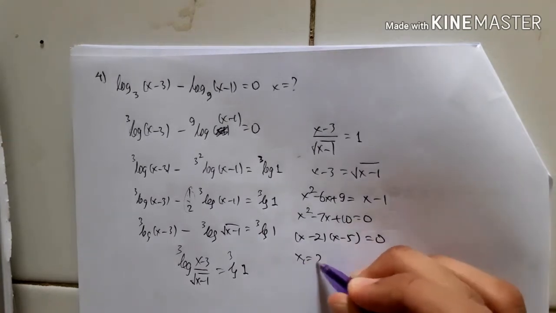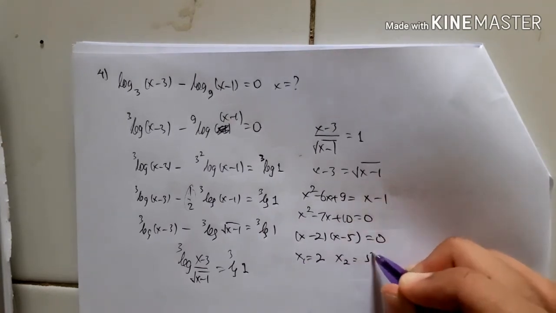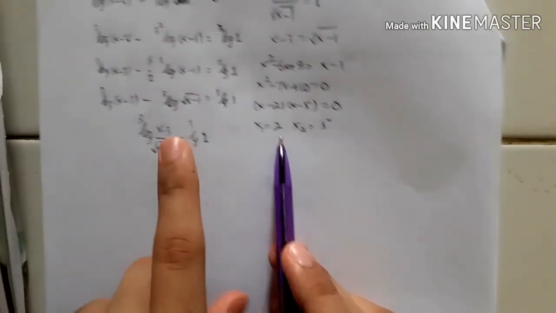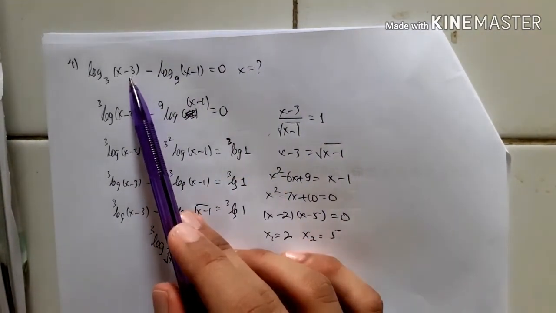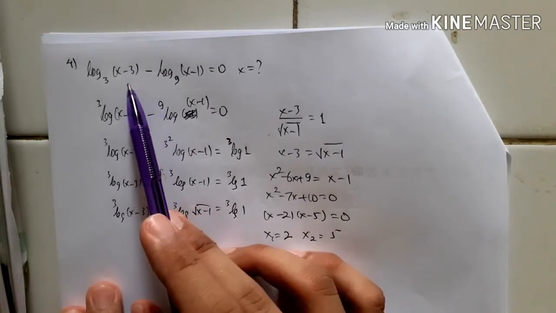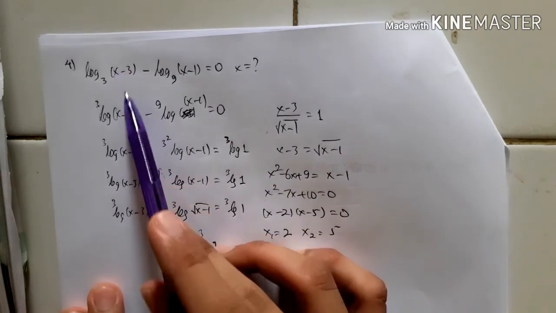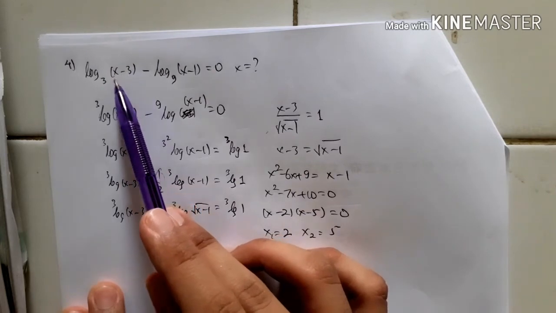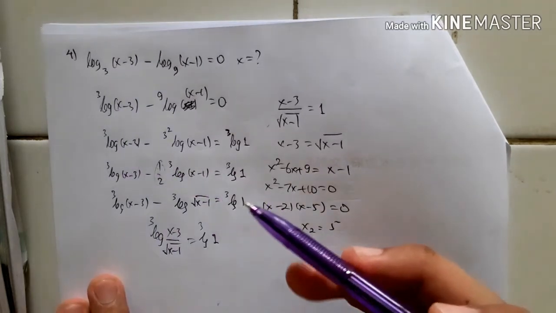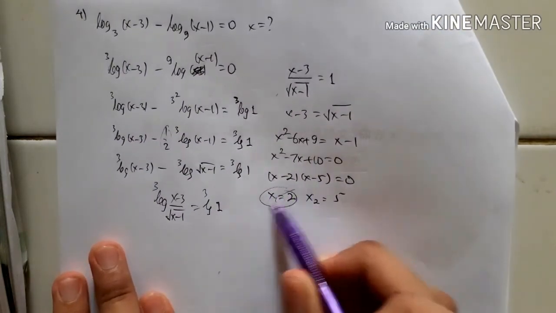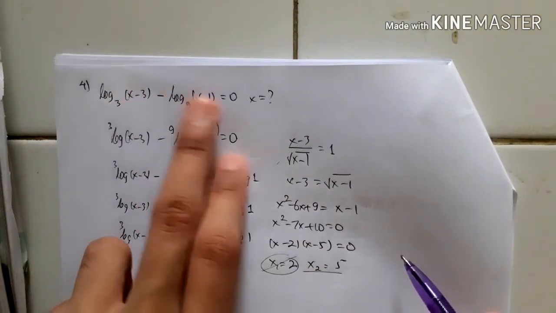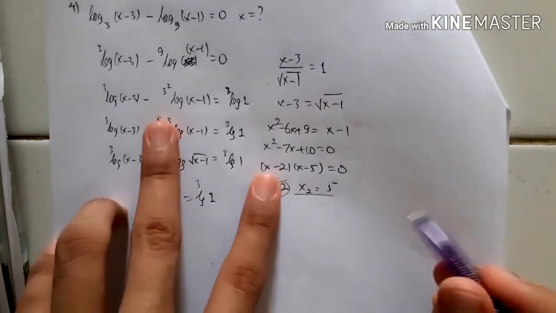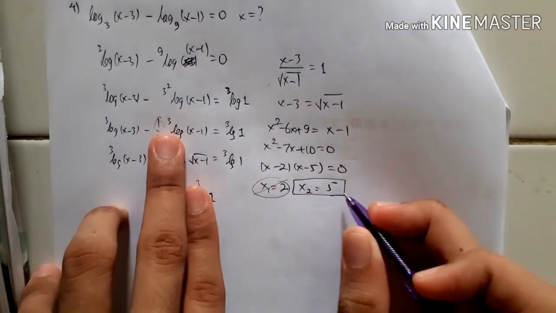So x is 2 or x is 5. When we test 2, this becomes negative, but you cannot have a negative in the content of the logarithm. In the content of a logarithm, it should be greater than 0. So this is prohibited. If you test 5, you see that everything becomes positive, so the answer is x is 5.